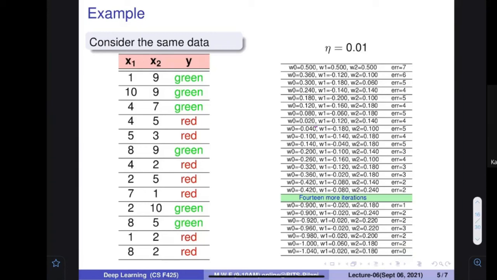But if you are not sure whether your data is linearly separable or not, you have not seen that, because if the data is in a very high dimensional space, say 4-dimensional or 5-dimensional, then you cannot plot it and see.